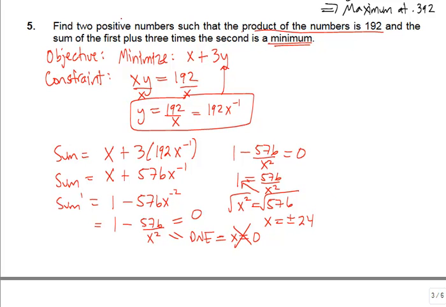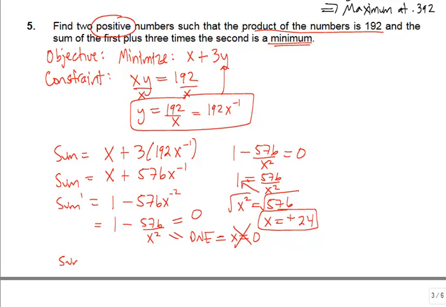Now, it did say in the original problem that we were talking about positive numbers. So because of that, I can eliminate the negative and say that x is 24. Now let's verify that. So remember, our first derivative was this 1 minus 576 x to the negative 2.